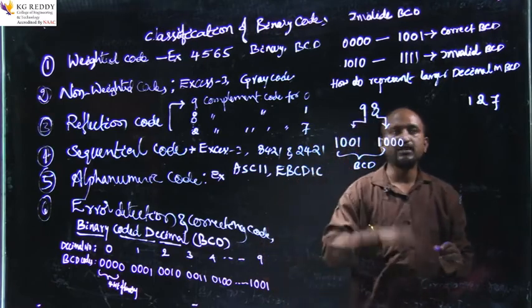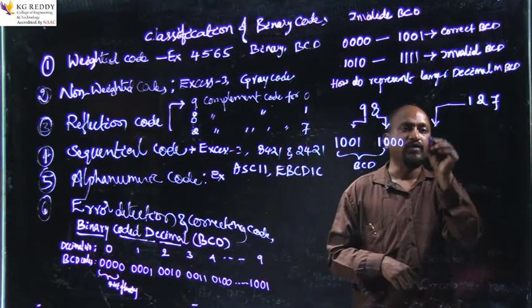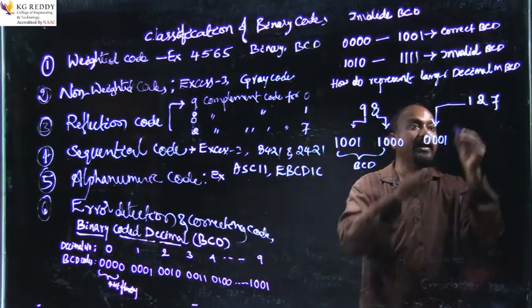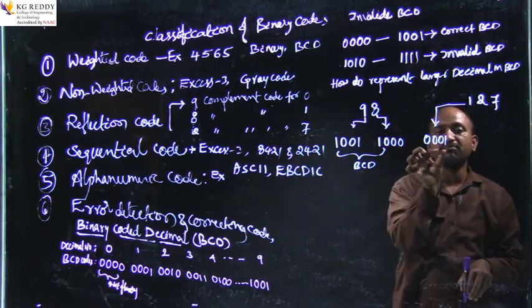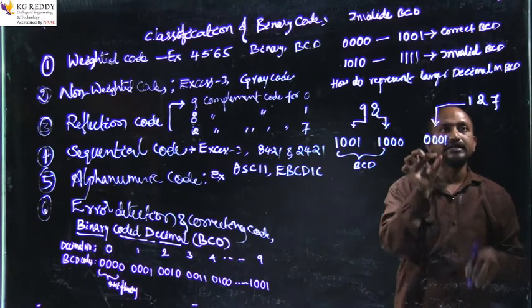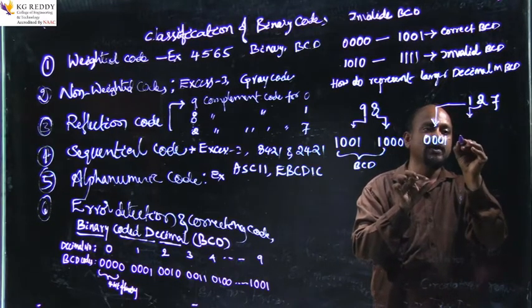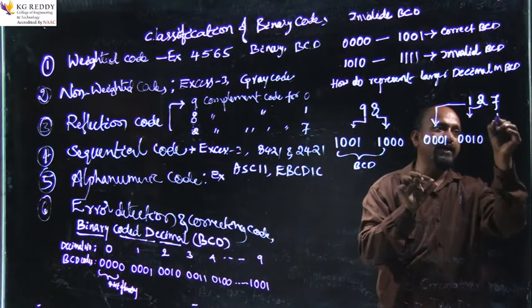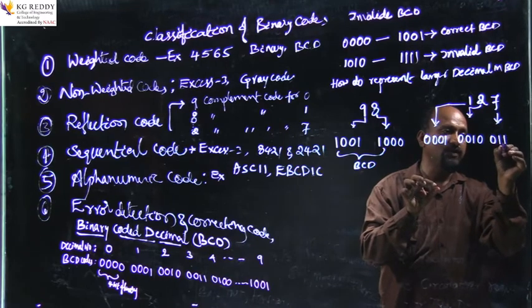Similarly, for 127, 1 is 0001. Each digit in the decimal should be expressed in 4 bits of binary. That is the BCD. Next is 2, which I can write as 0010, and 7 as 0111.